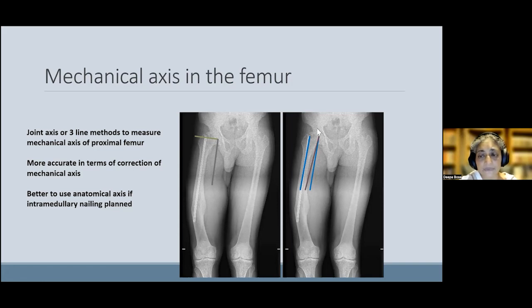So that third line then represents the mechanical axis of the proximal femur. So there are 2 ways to do it, and you can use whichever one you prefer or whichever one you find easier. If you're planning intramedullary nailing after deformity correction, then it is better to use the anatomical axis rather than the mechanical axis.